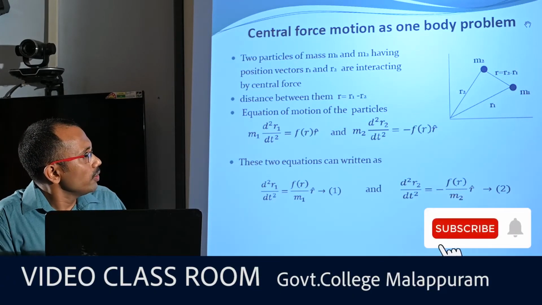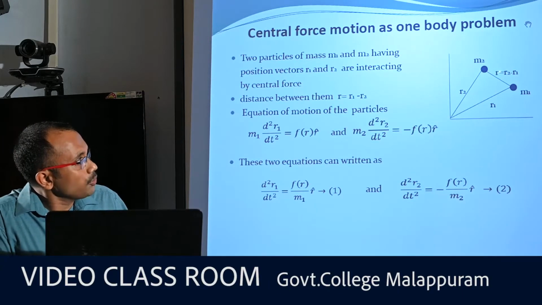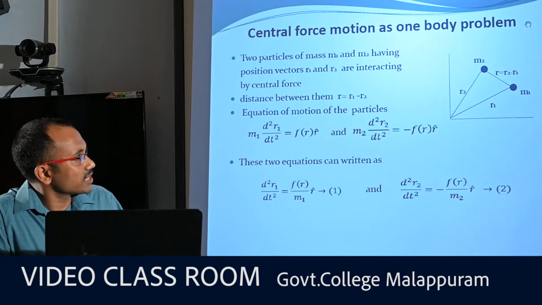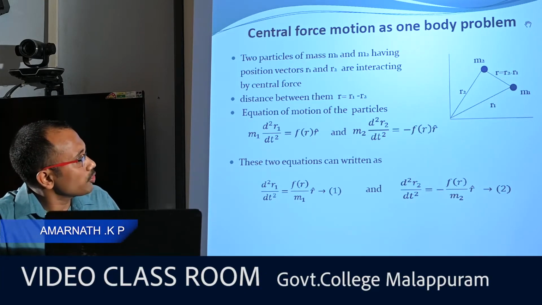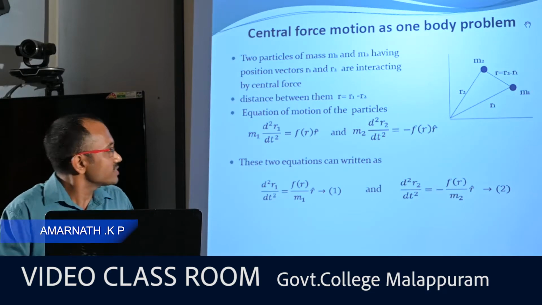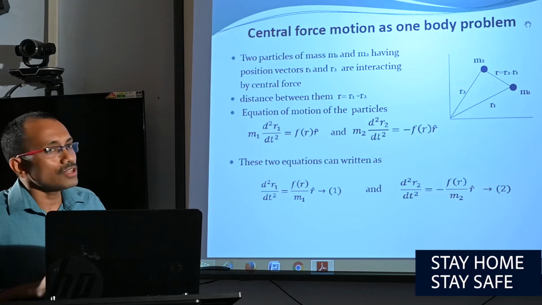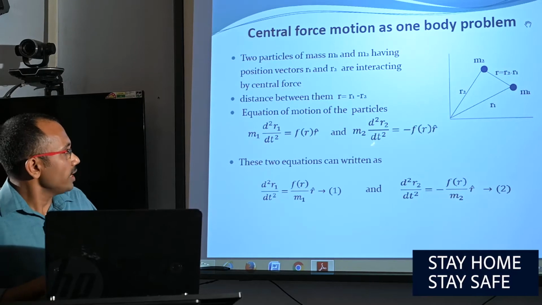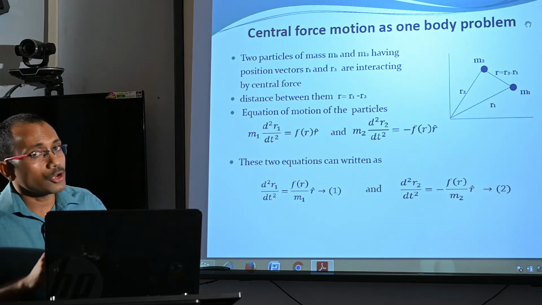In this case, the force on the body m2 is directed in this direction, then for the other particle the force will be directed in the opposite direction. So for the second particle the force will be minus F of r times r cap. Here the mass of that particle is m2 and its acceleration is d square r2 by dt square.